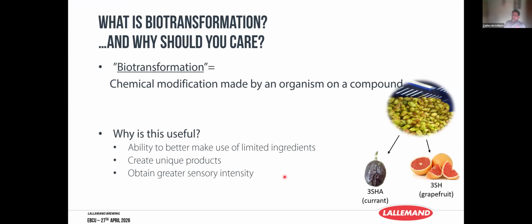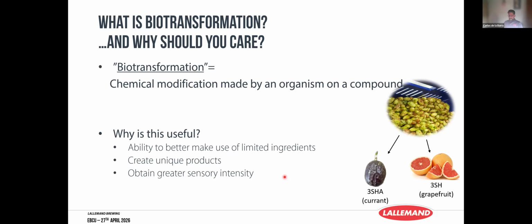In essence, it's any chemical modification done by a living organism or a component of that organism. It can be an enzyme, it can be a cofactor, it can be anything that is part of this living organism. And this isn't used solely in the food industry.